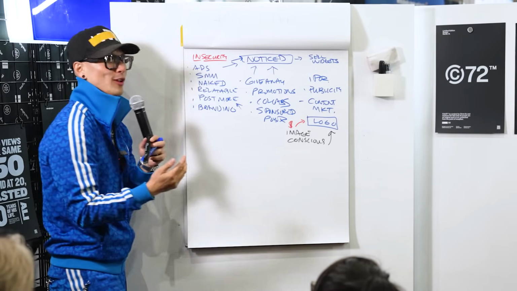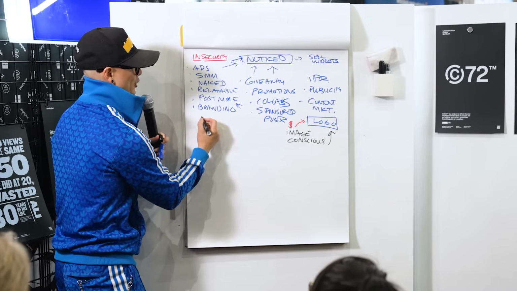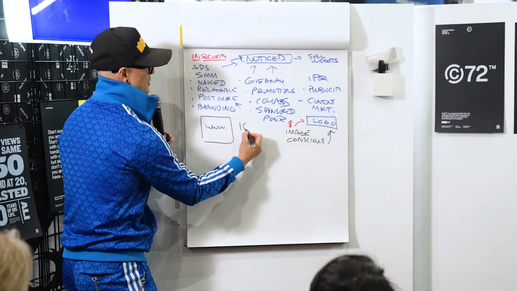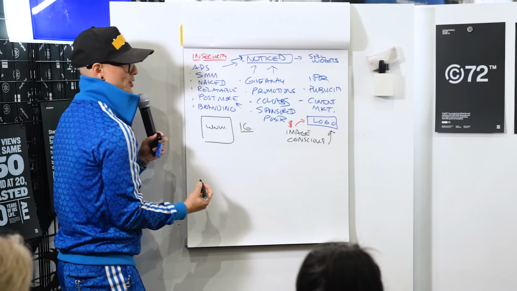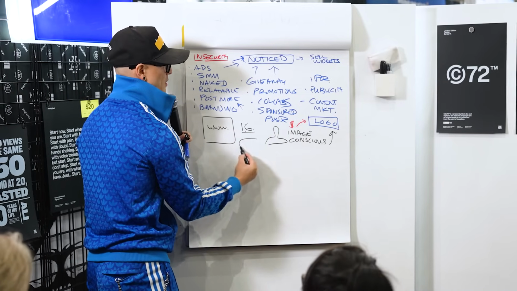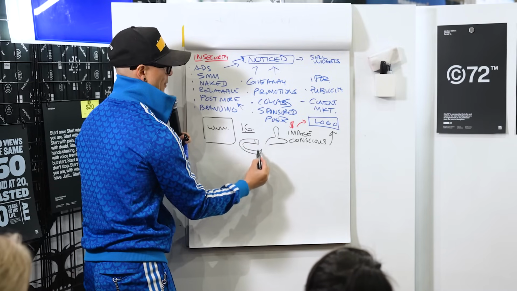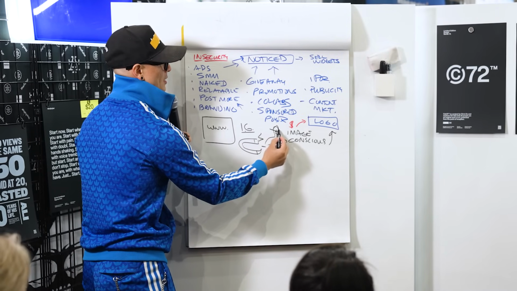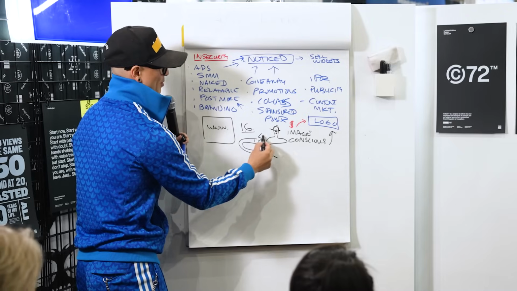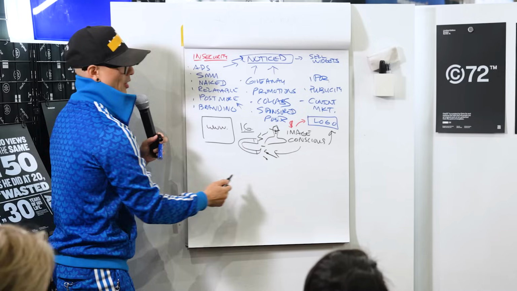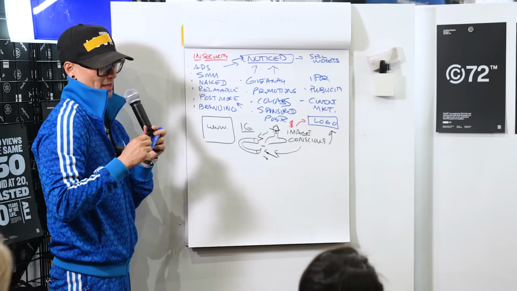Then you have to look at yourself. You have to look at your website, your grams, and everywhere else you post. You have to ask yourself, am I attractive to that kind of person, a discerning buyer of high quality goods?